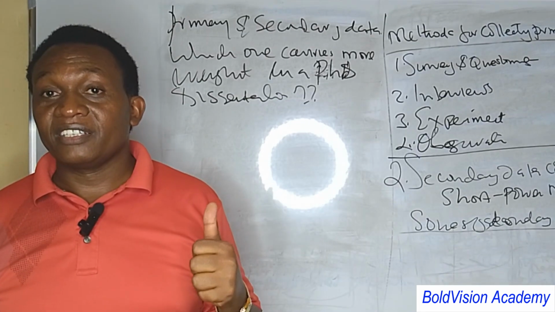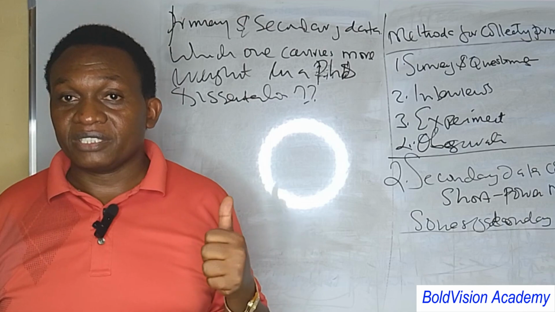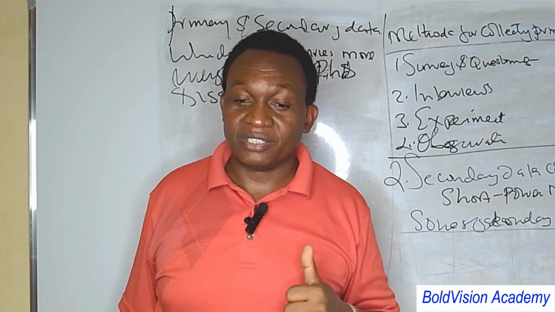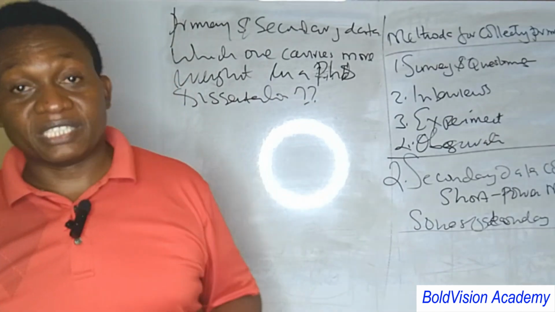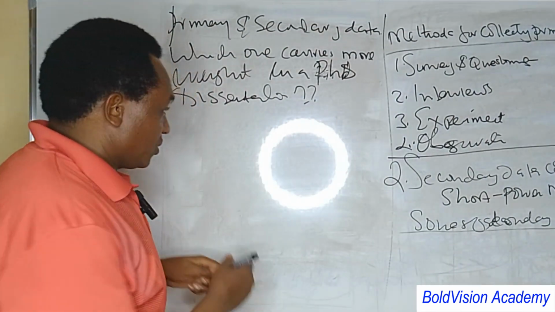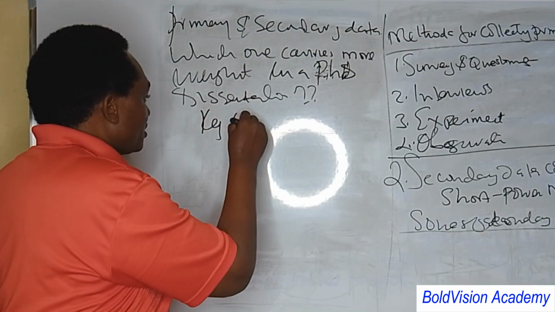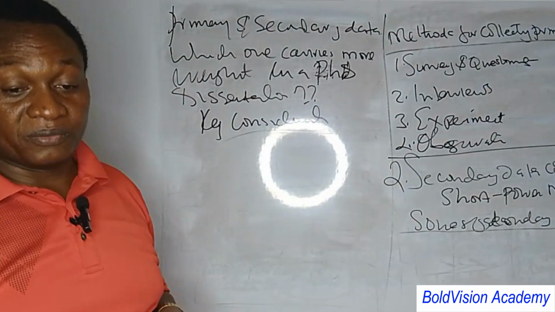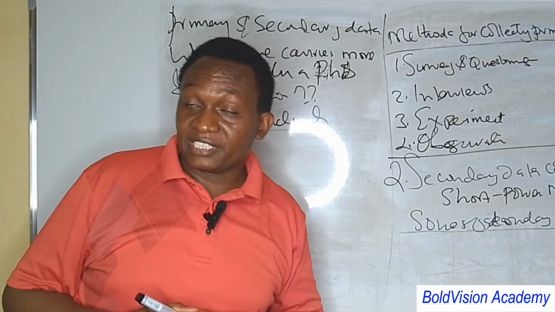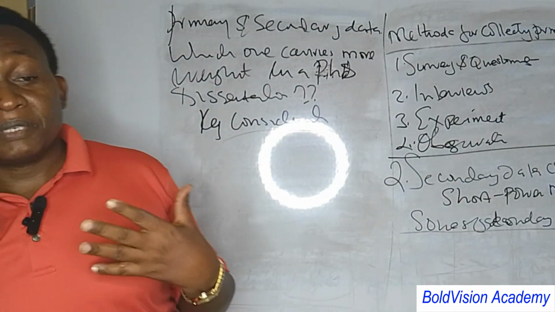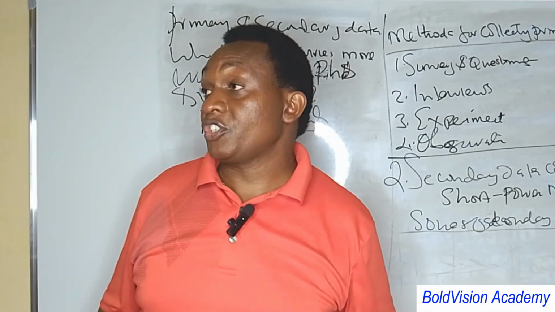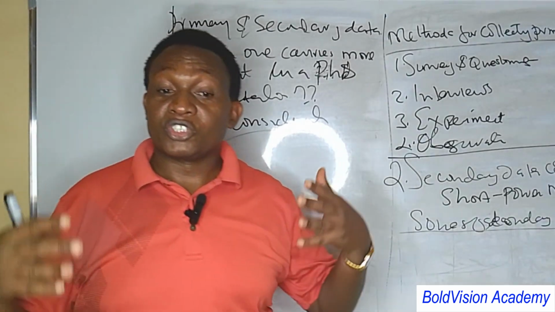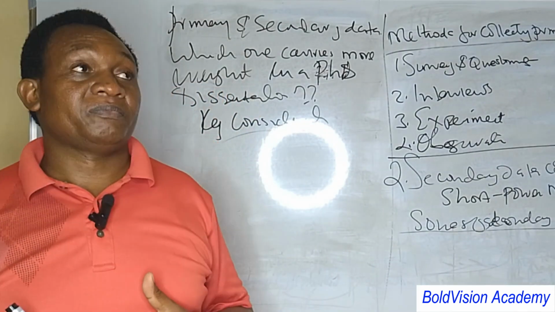I can hear your comments. You can comment and I will get your comment. So should a PhD student use primary data or secondary data? Here there are key considerations. Primary data is more original, highly credible, and contributes new knowledge.